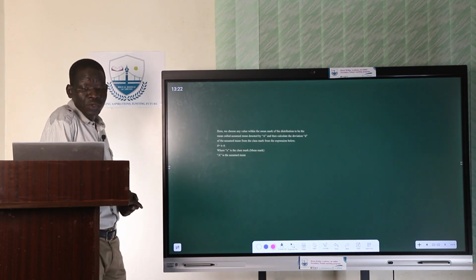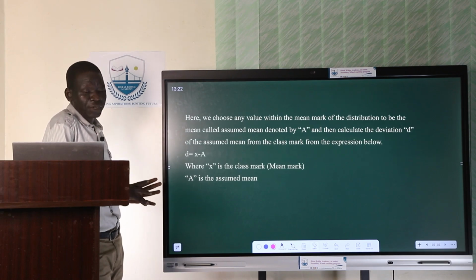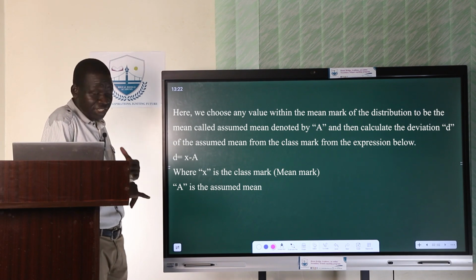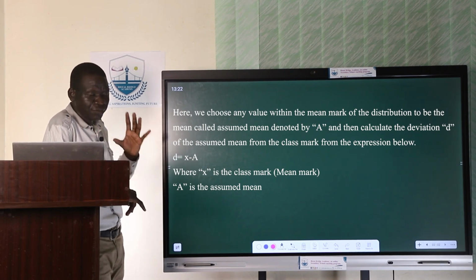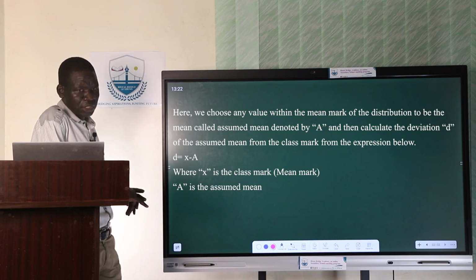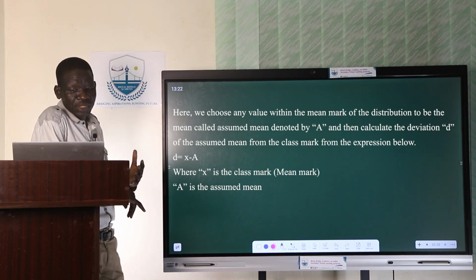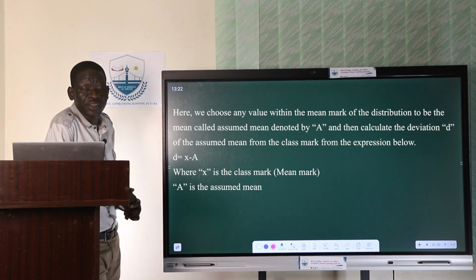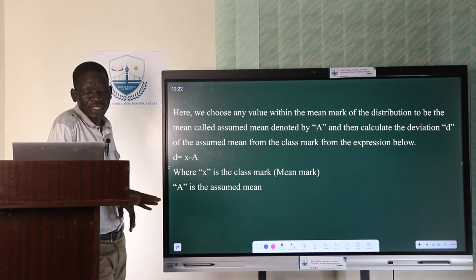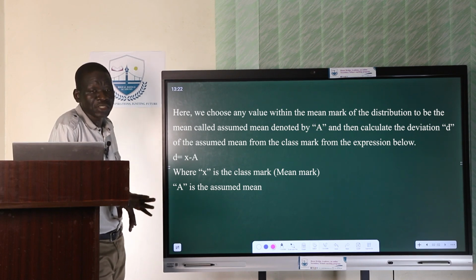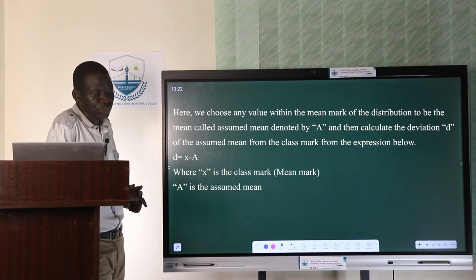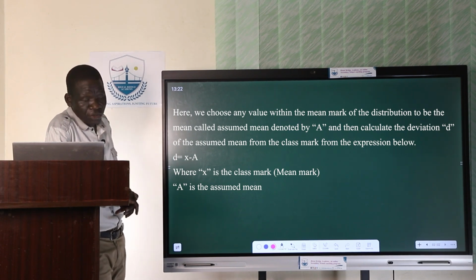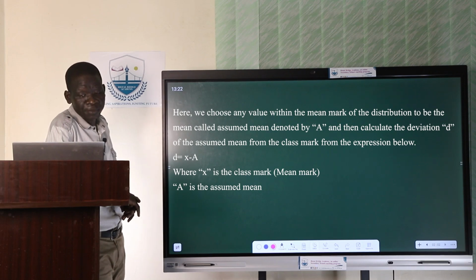Here, what we do, we choose any value within the data and use it as the assumed mean or the working mean. Or sometimes we can even choose a value that is outside the data and use it as the working mean. So at the end we will obtain the actual mean, or what we call the true mean.